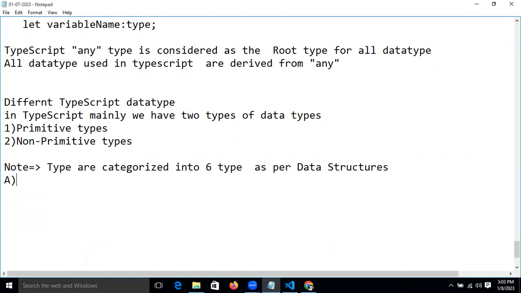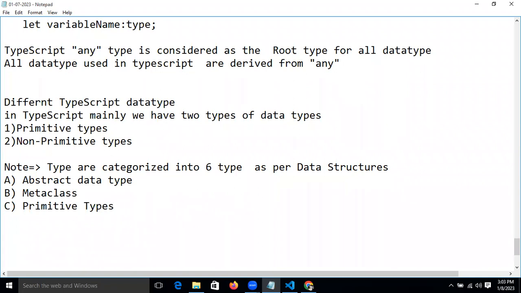First one is abstract data type. Second one is metaclass type. Third one is primitive types.